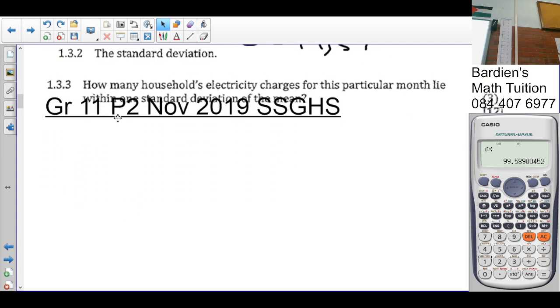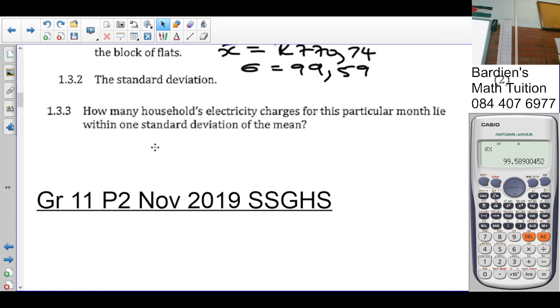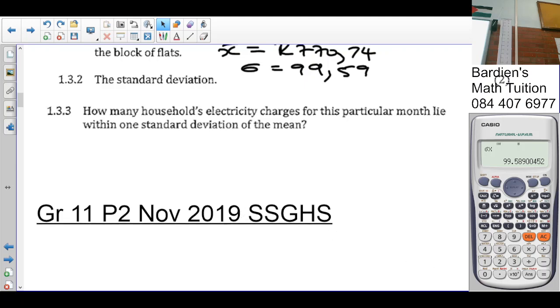So before we go on, we first see what this question says. How many households' electricity charges for this particular month lie within one standard deviation of the mean? So to calculate your one standard deviation, I set up an interval. It's going to be your mean minus your standard deviation and your mean plus the standard deviation.